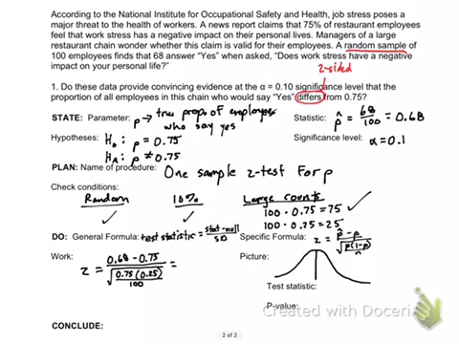The answer here is going to be negative 1.63, at least it should be. Actually, negative 1.62 is what I got. So your test statistic is z equals negative 1.62. And that negative 1.63, you could get that if you round ahead of time.